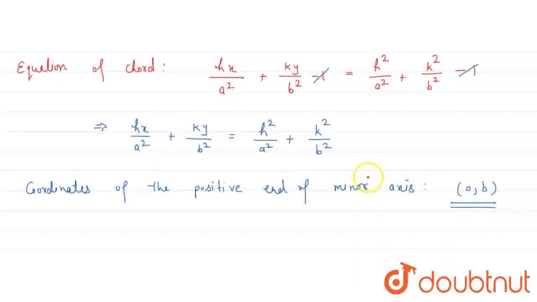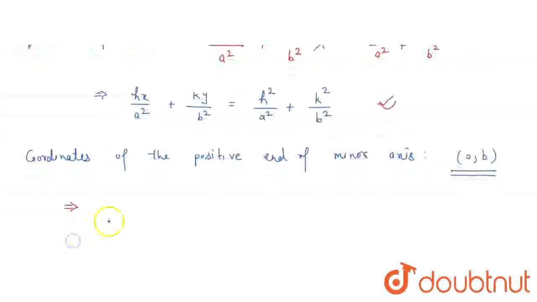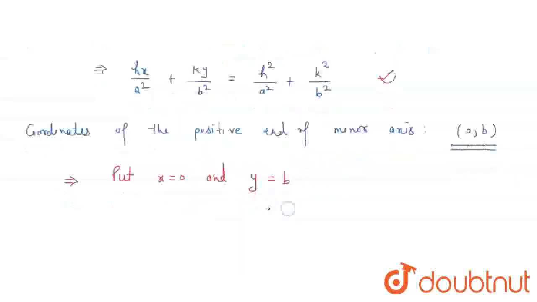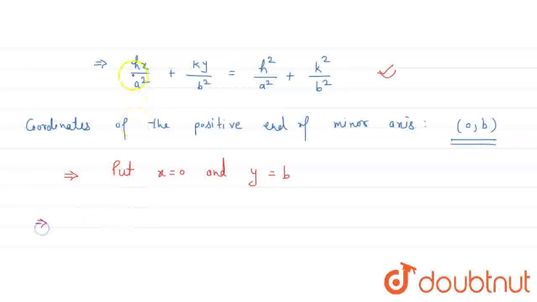So let us put this coordinate into the equation of chord. So what we get? Put x is equal to 0 and y is equal to b. So this term becomes 0.